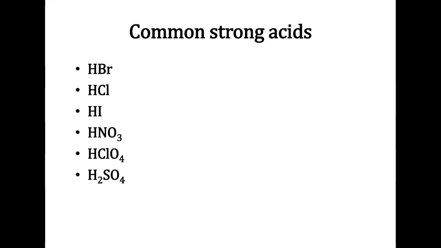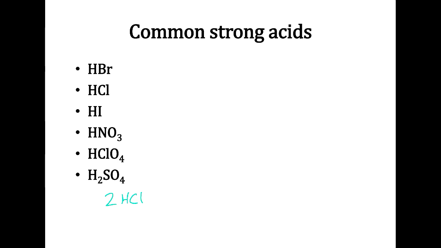Here's a list of some common strong acids, and what we'll see is that acids tend to have a sour taste. For instance, vinegar is an acid. They'll change colors in plant dyes. They'll also react with metals. A sample reaction for that would be, let's consider the strong acid, HCl, hydrochloric acid.